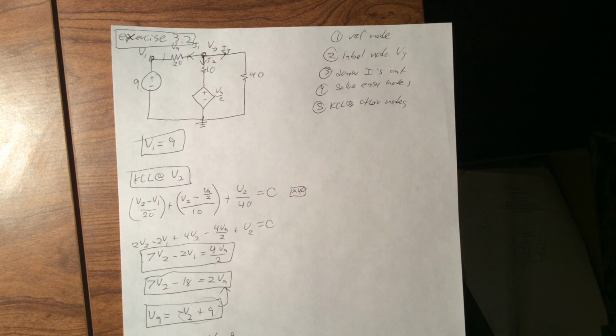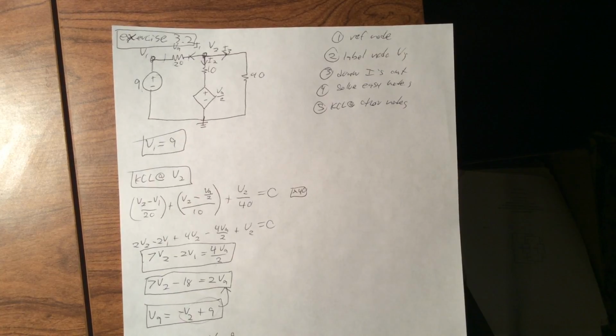Let's look back one more time, make sure we haven't missed anything. No, we should be good. So from here we've got VA equals, if we pull that over, minus 2. We've got 7 as our V2. And we've got 18 as our output.